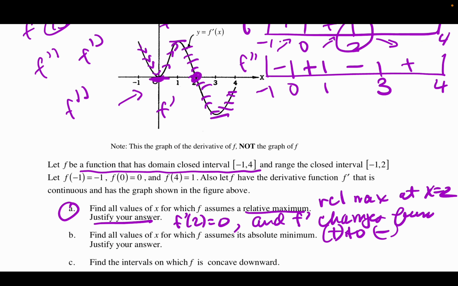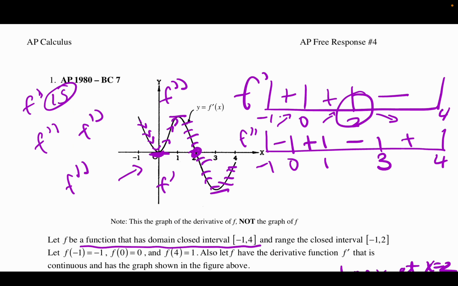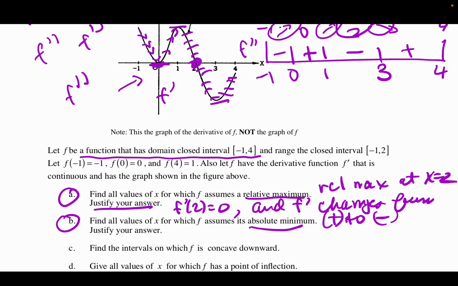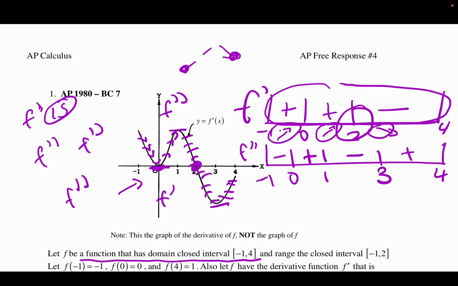All right, now let's go to the second thing, find where it has an absolute minimum. All right, so we know that the derivative tells us what our function is doing. So our function is going up, up, down. The only place it could possibly have an absolute minimum is at its endpoints.